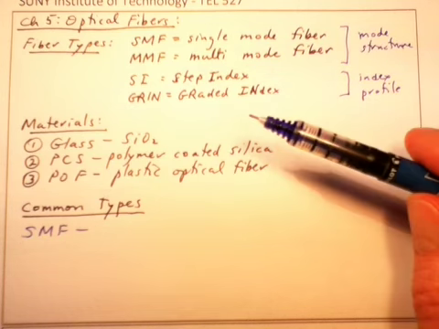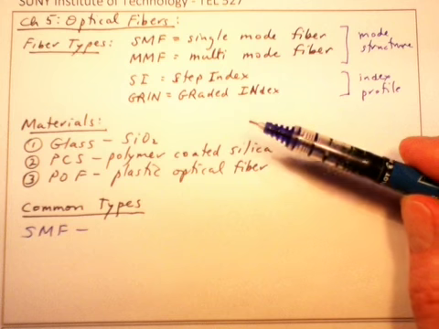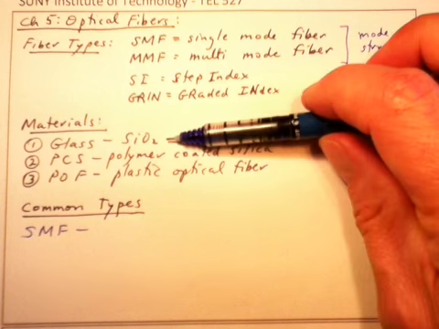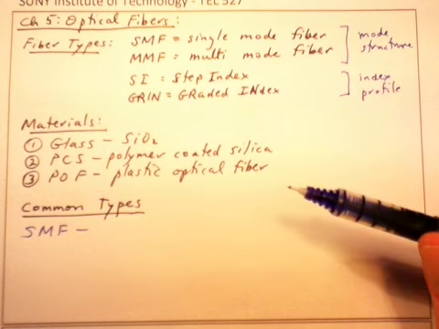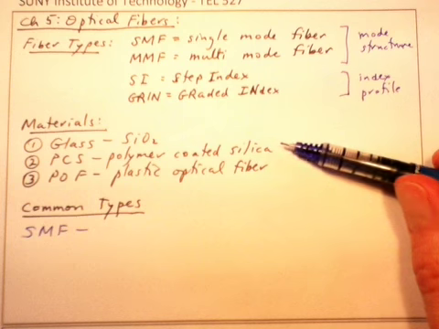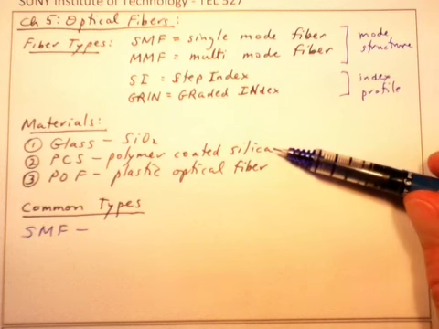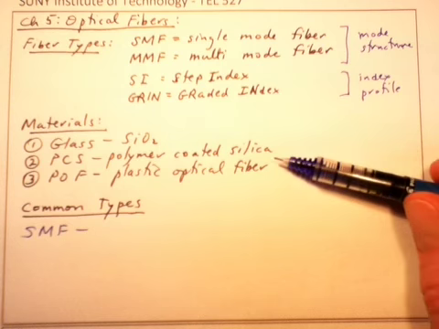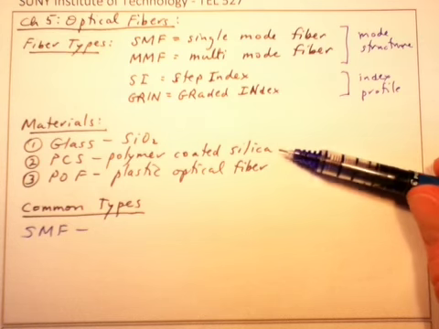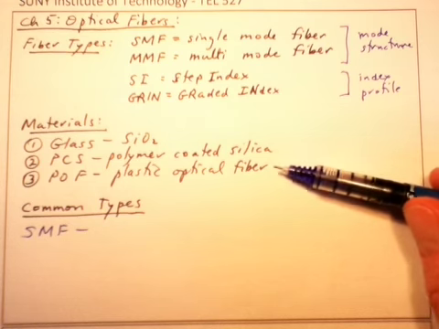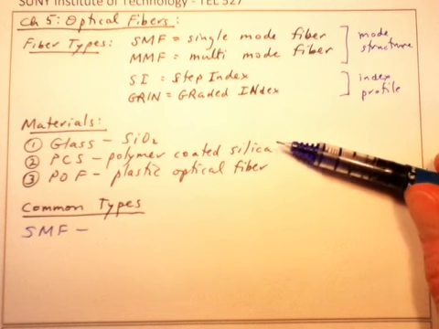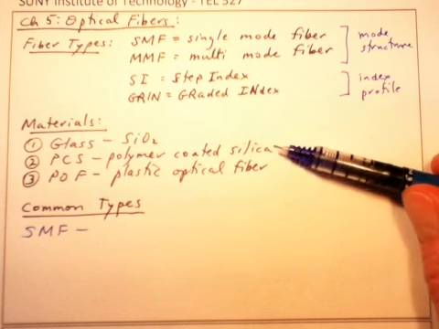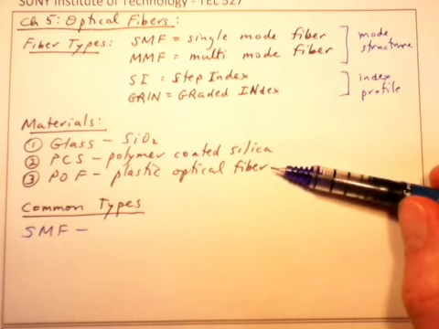We have various materials that we make optical fibers out of, including most commonly glass, but there's also various combinations of glass and plastic. PCS is the notation your author uses for polymer-coated silica, and POF for plastic optical fiber. So in polymer-coated silica we have a glass core with a plastic cladding, and in plastic optical fiber the whole thing is plastic.